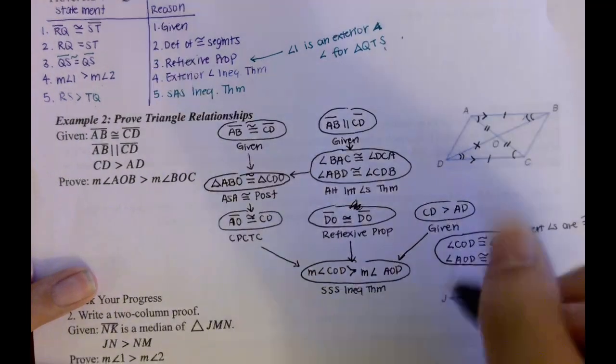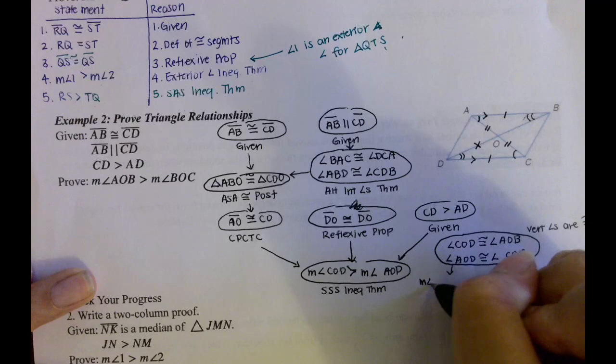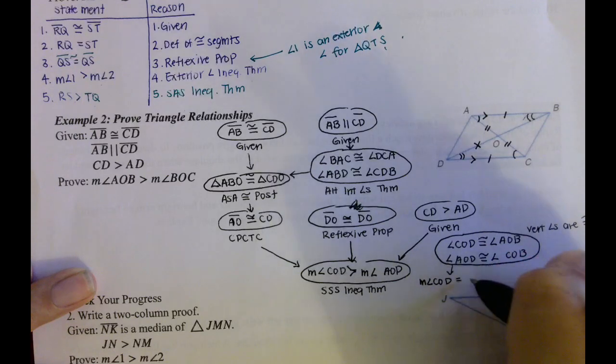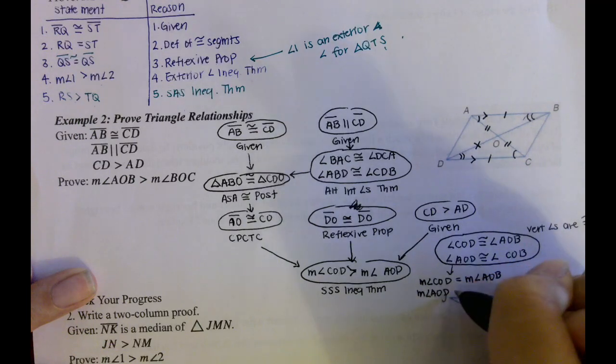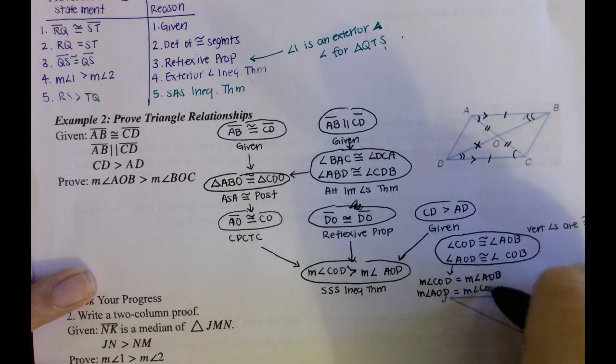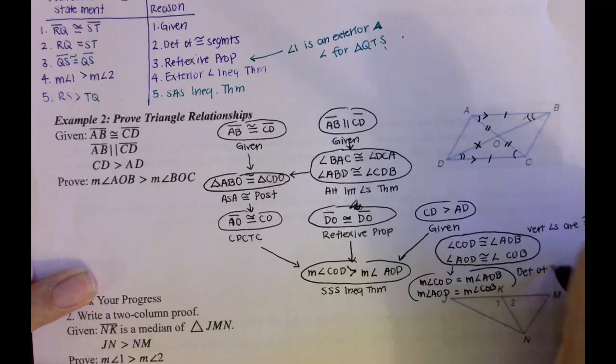This, running out of space, leads us to say that the measure of these angles are equal. This is definition of congruent angles.